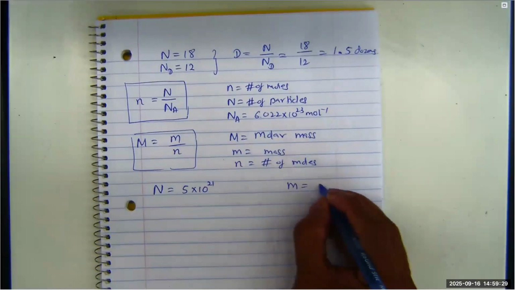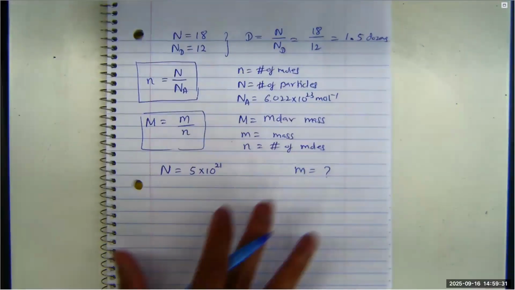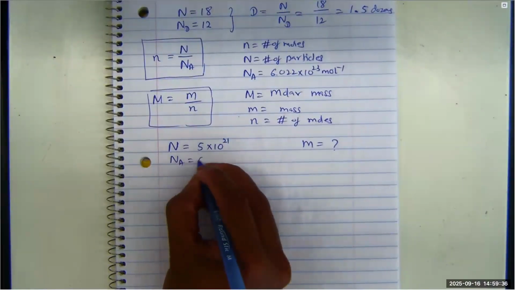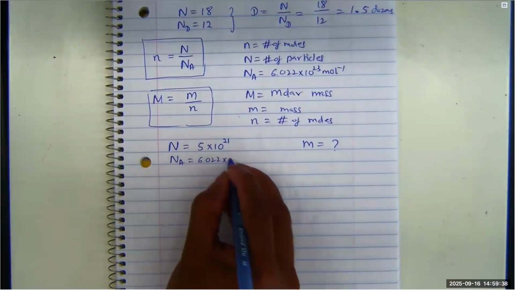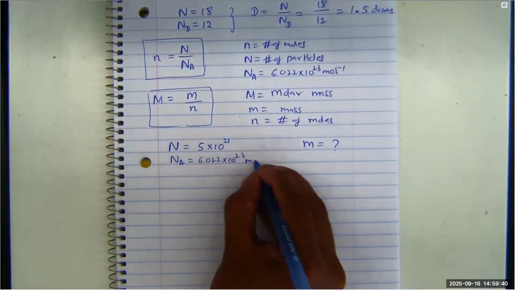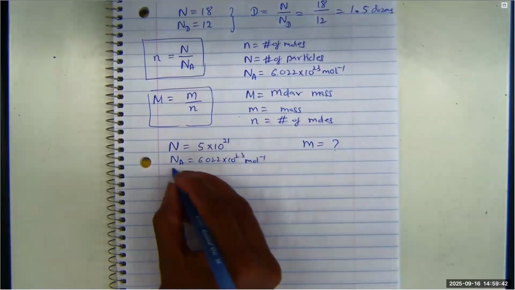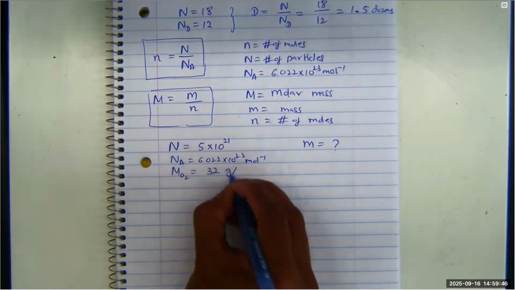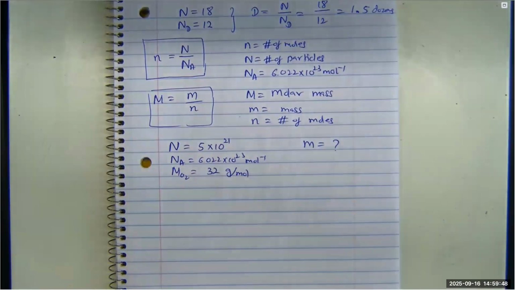So they are asking for the mass. What do we know? We know the Avogadro's number, 6.022 times 10 to the power of 23 per mole, and we also know the molar mass of oxygen, which is going to be 32 grams per mole. This is what we know.